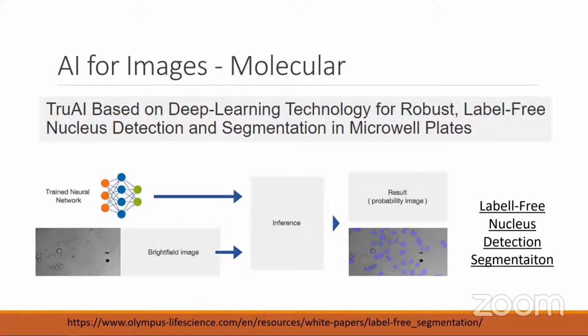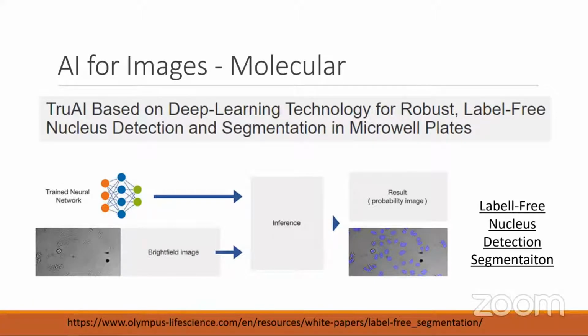So once the neural network is trained, during the detection phase of the nucleus of the cell, the learned neural network model is applied to brightfield images. So for each pixel, it will predict whether it belongs to a nucleus or not.